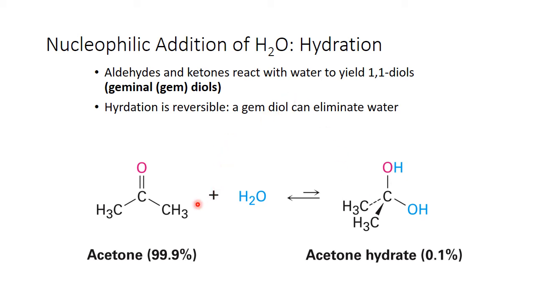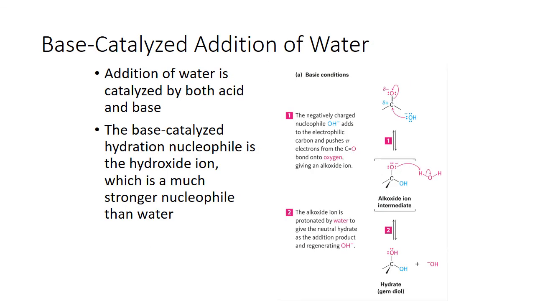When they react with water, this is either acid or base-catalyzed, and we're going to go into the mechanism right now. If you have base, hydroxide is present. The hydroxide attacks the carbonyl.